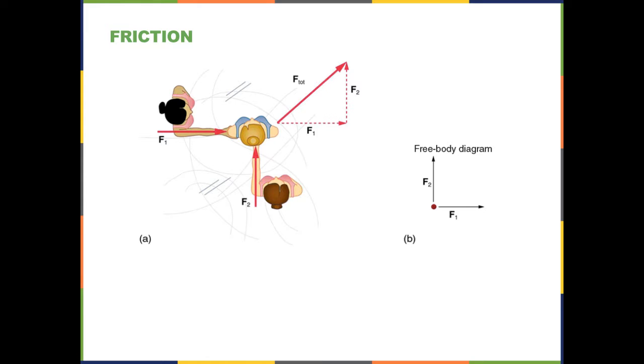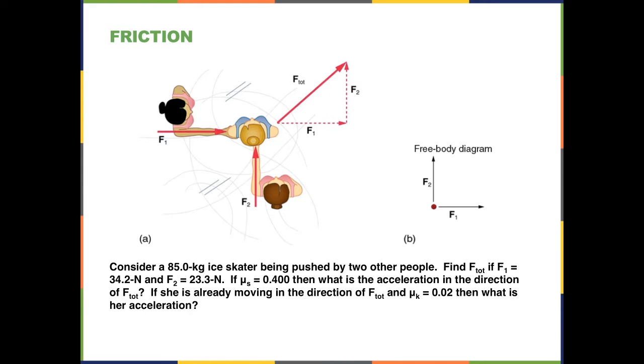Here's another problem that we can work on that is very similar to the previous problem. What we have here is an 85 kilogram ice skater that's being pushed by two other people. The total is a conglomerate of the force of the first person and the force of the second person. The force of the first person is 34.2 newtons. The force of the second person is 23.3 newtons.